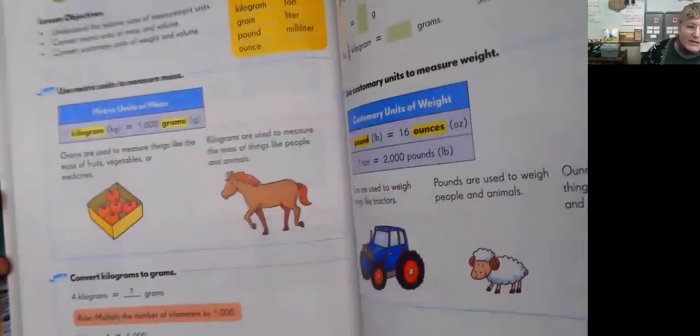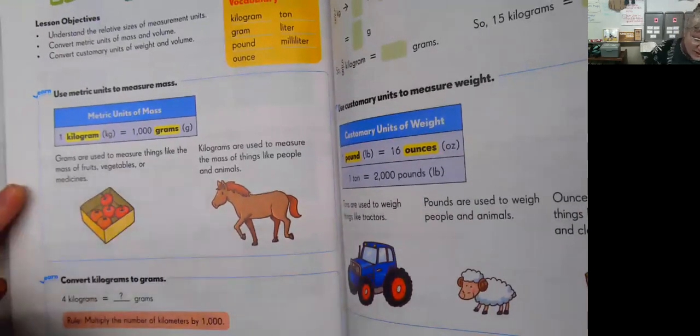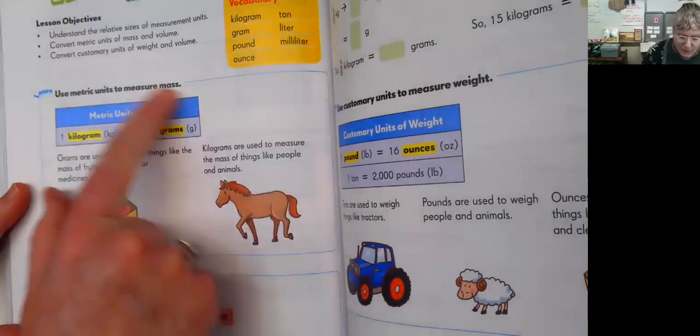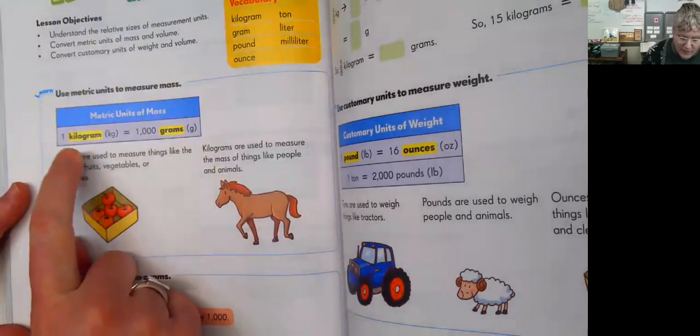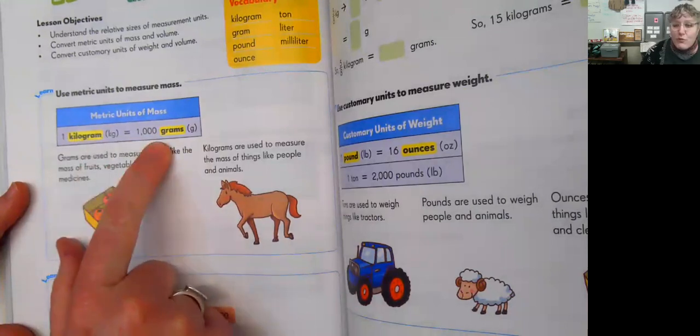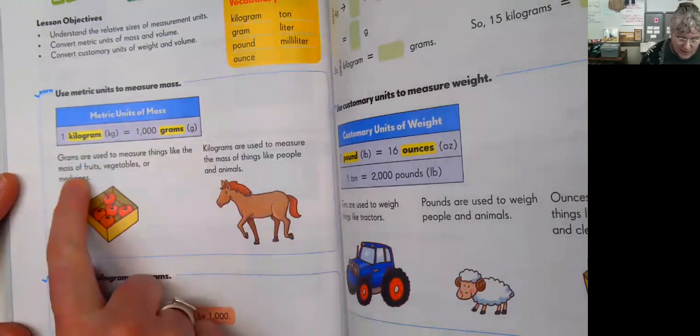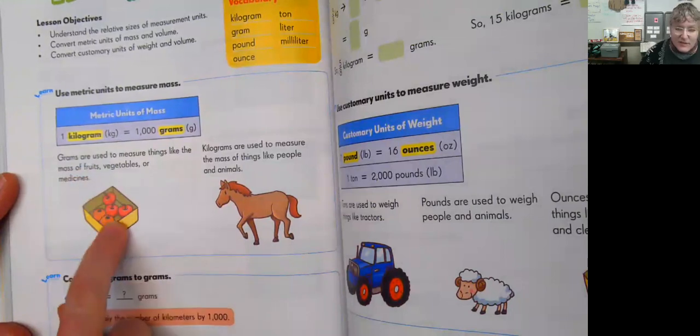So we're going to start out our chapter by talking about metric mass. So we have 1 kilogram. Here's our blue box. We have 1 kilogram, and that equals 1,000 grams. Grams are used to measure things like fruits, vegetables, or medicines.